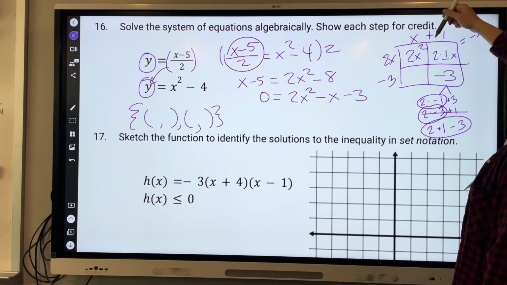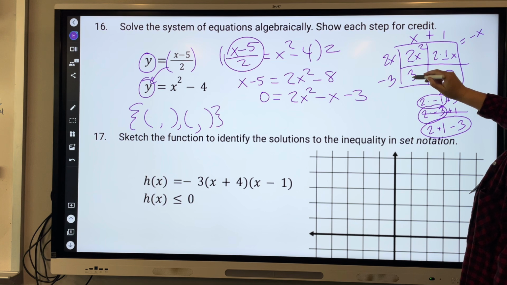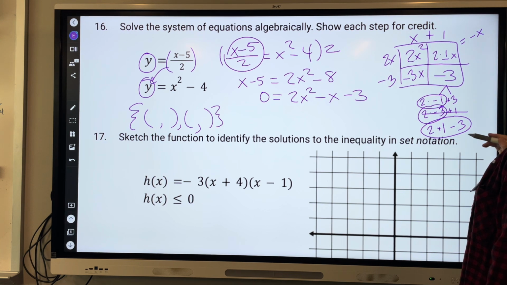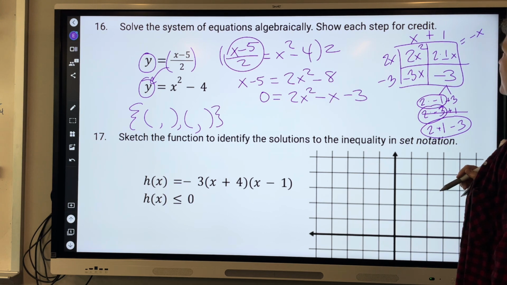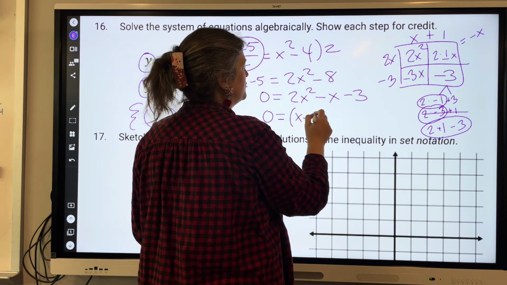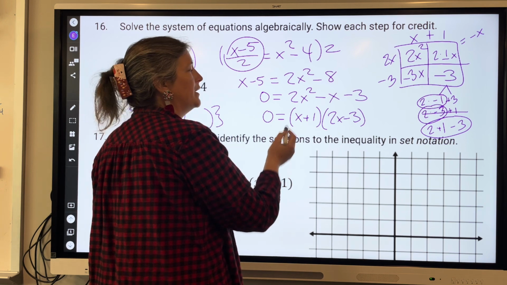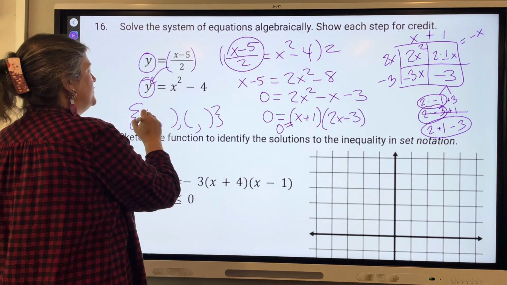So now I get 2x minus 3x. Negative 3 times positive 1 is negative 3. Yes, and that adds to negative 3. I'm happy. I like that factorization. So 0 equals (x plus 1)(2x minus 3). Now I want where each of these is 0, which means x might be negative 1.